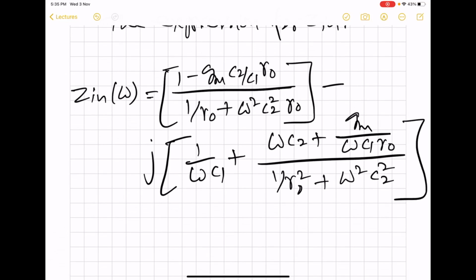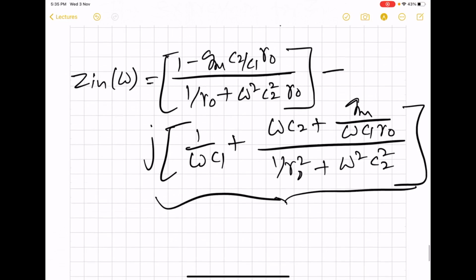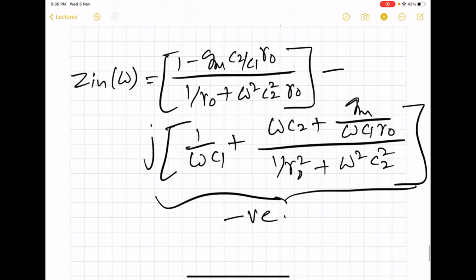So here we see that this imaginary part is clearly negative, implying this is of capacitive nature.